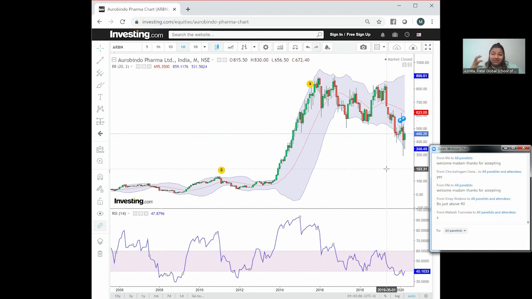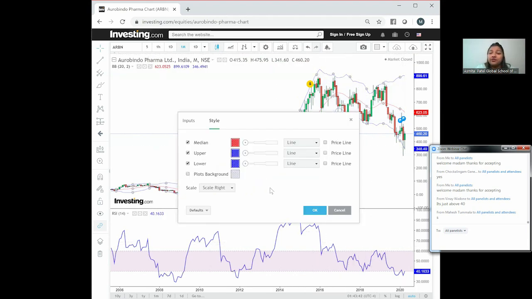Now, can you see these two horizontal lines? The upper horizontal line is 60 and the lower horizontal line is 40. Now, if you see this blue line, you can also see the value of RSI here on the left-hand side.